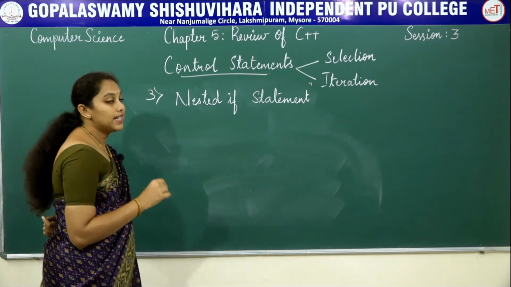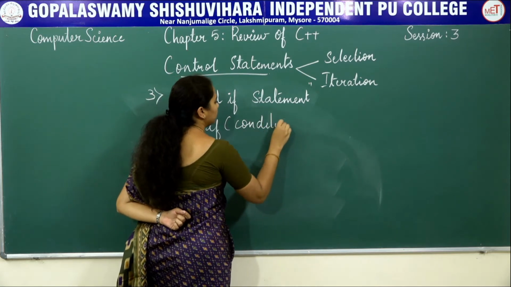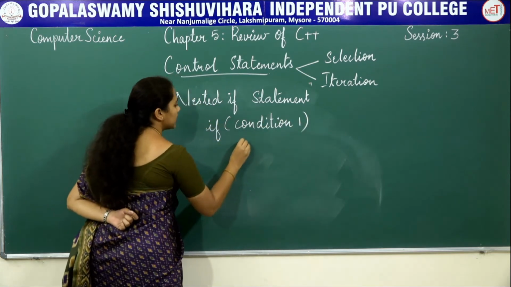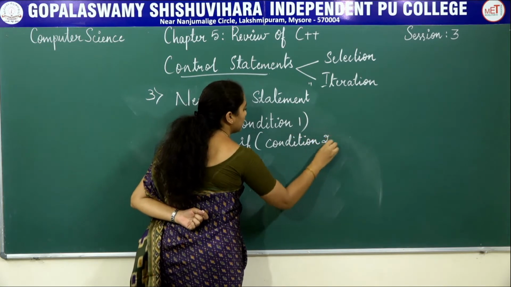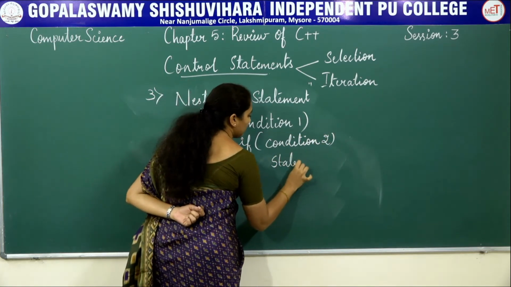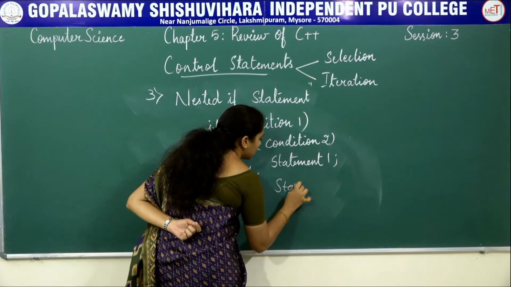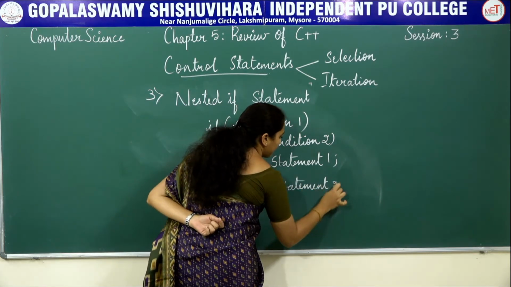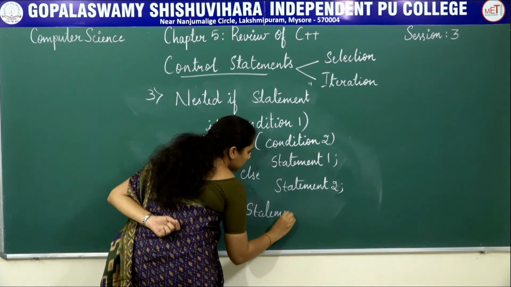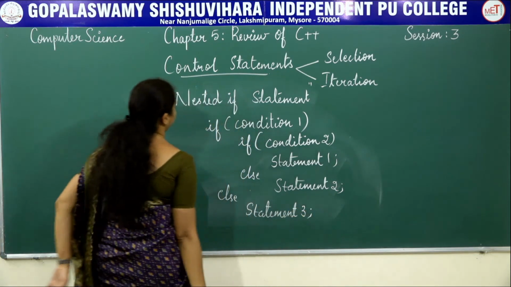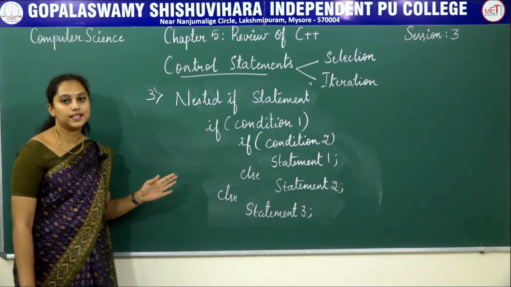The syntax for nested if statement is: if condition 1, inside this another if condition 2, it will execute statement 1, else statement 2. Otherwise it will execute statement 3.